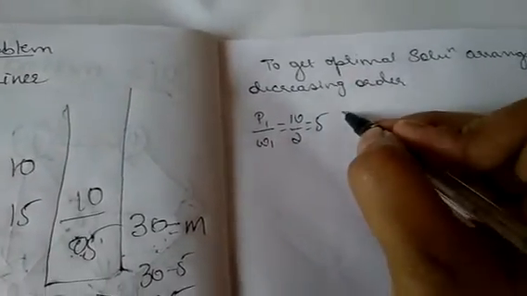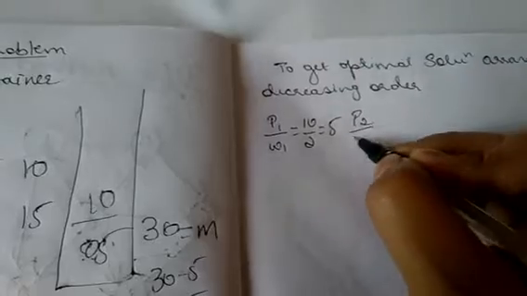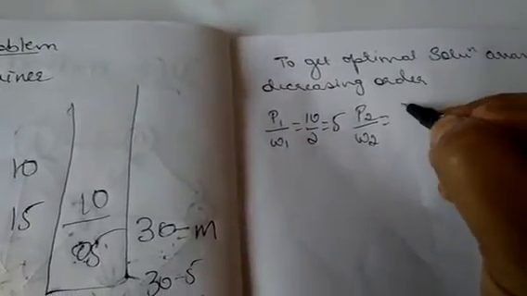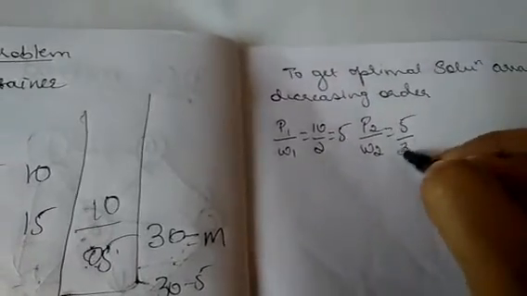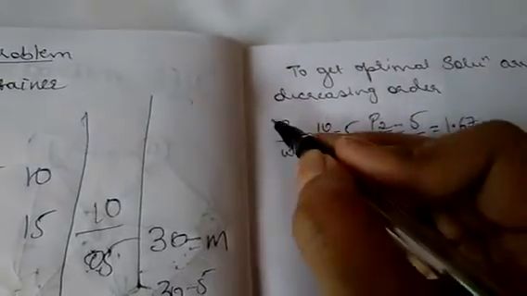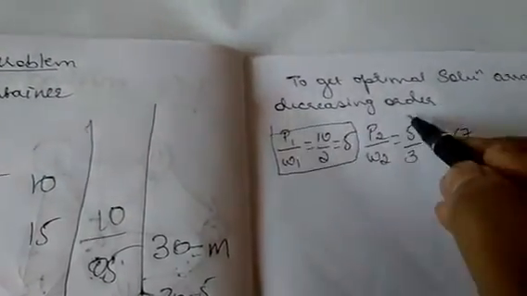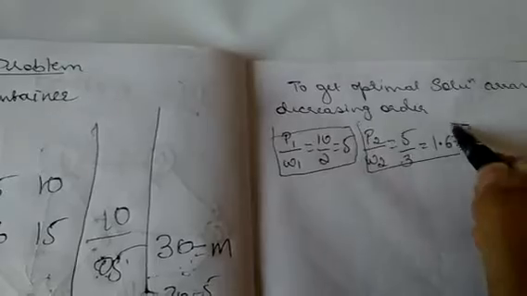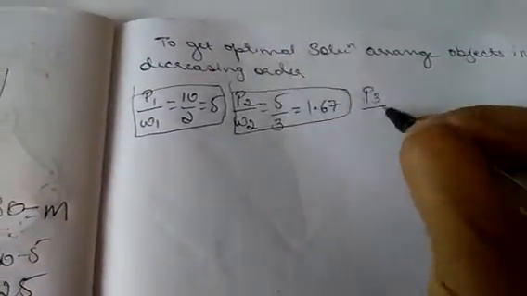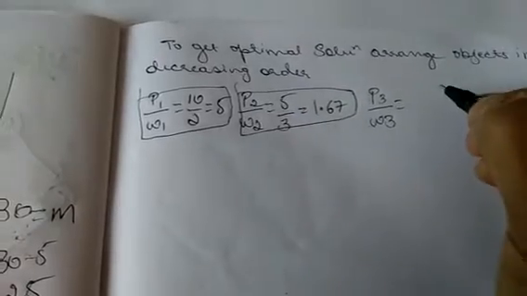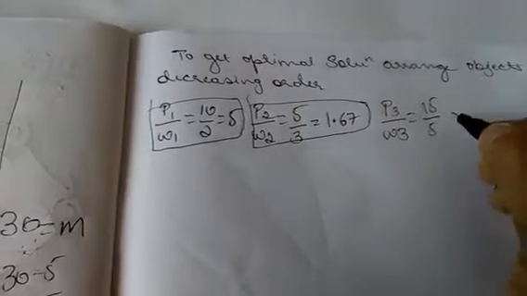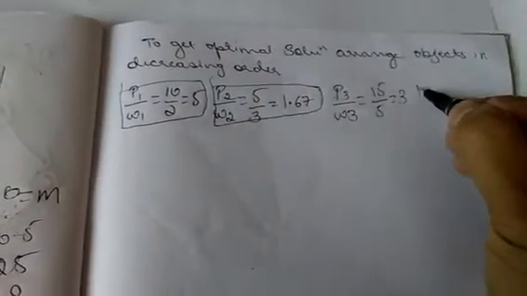Next, in the same way, P2 divided by W2, that is 5 divided by 3, equal to 1.67. Then P3 divided by W3. P3 and W3 are 15 and 5, that is 3.